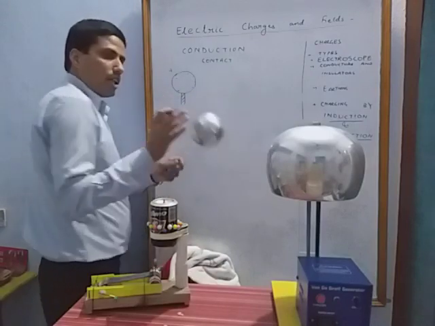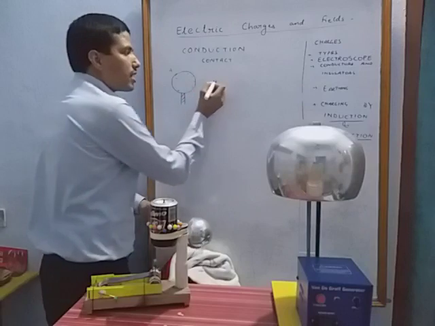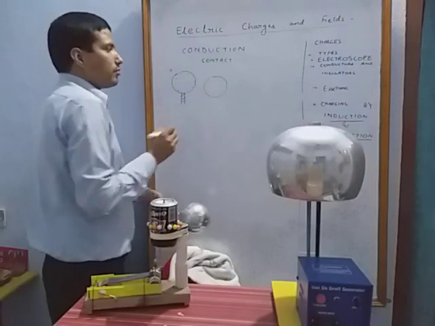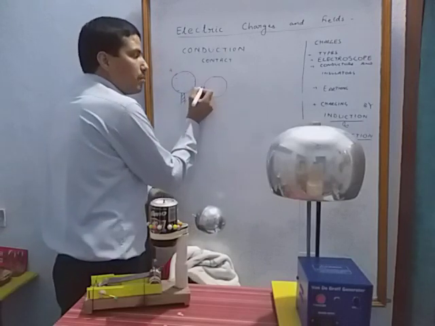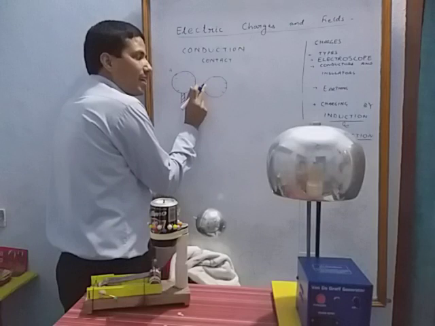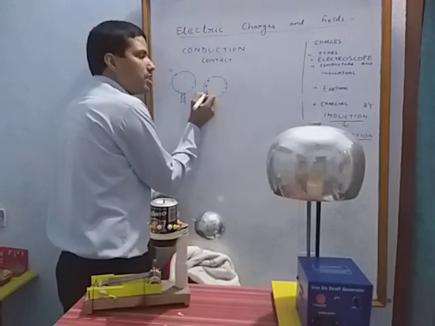In induction, I will bring this metal sphere close to this but not in contact with it. So I will bring it close. Because it is negatively charged, it will repel the electrons over here, so they will go to this side. And because this end loses the electrons, it will become positively charged.